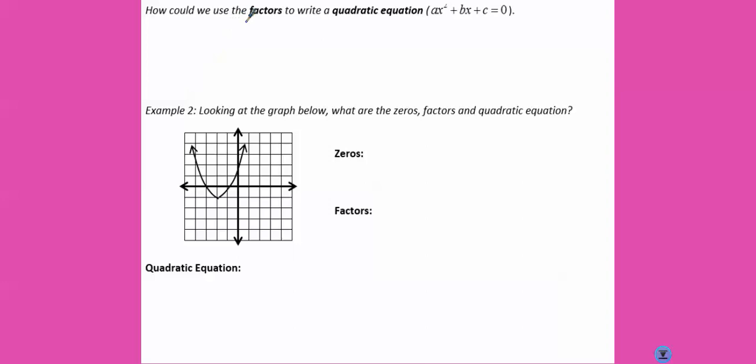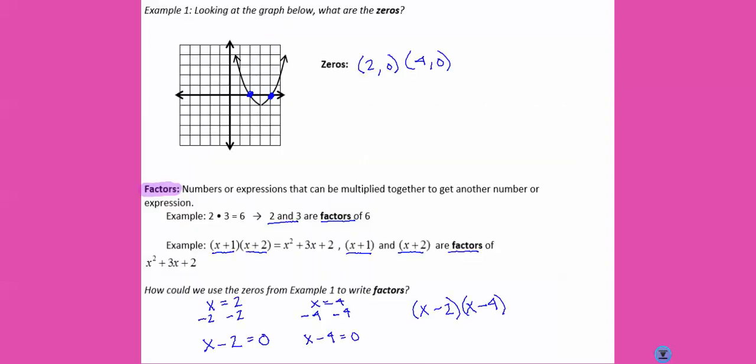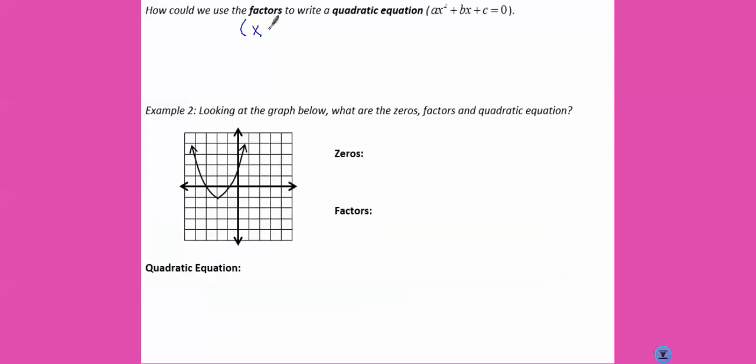How can we use the factors to write the equation where ax squared plus bx plus c equals 0? Take our factors, x minus 2 and x minus 4, set it equal to 0, and I'm going to double distribute this. So x times x is x squared. x times negative 4 is negative 4x.